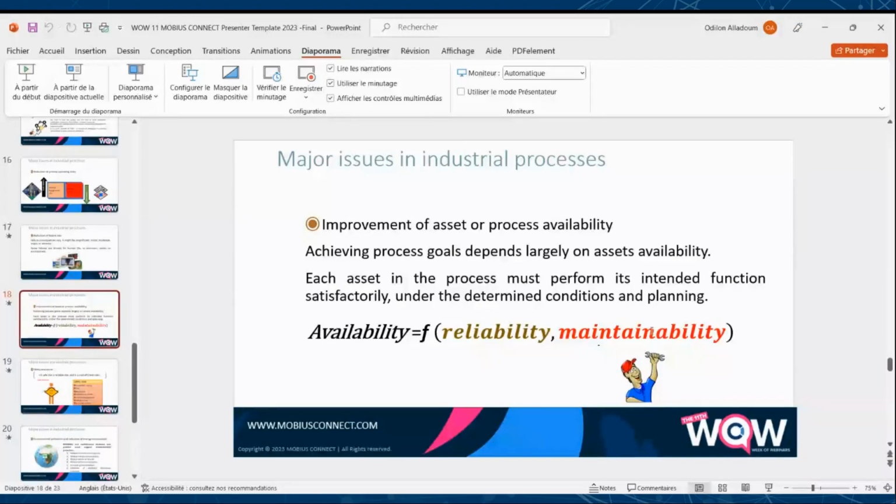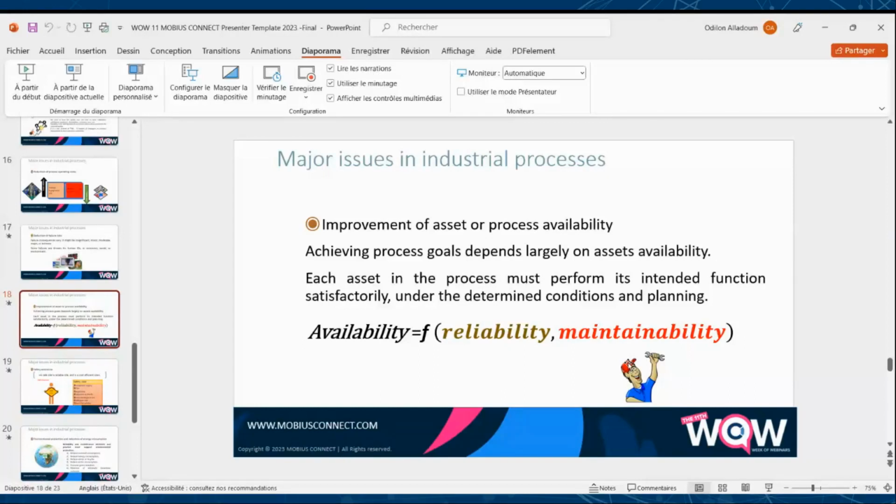As we know, availability is a function of reliability and maintainability. The first point is about reliability. This means will our equipment perform its functions over the required time? What can we do for that purpose? And about maintainability, it means how fast we can restore or repair an asset that fails.